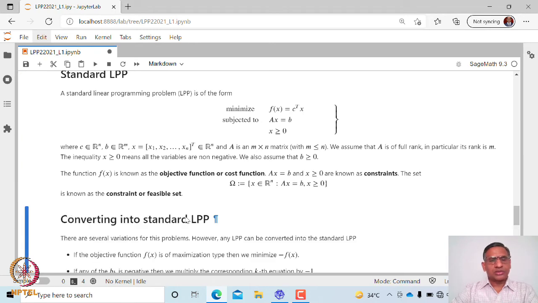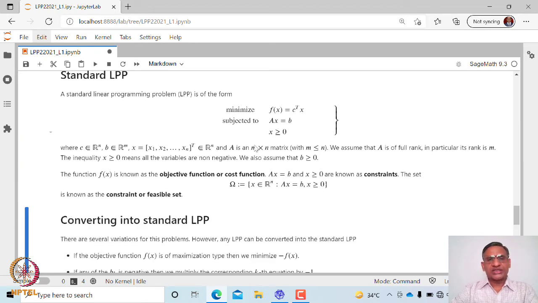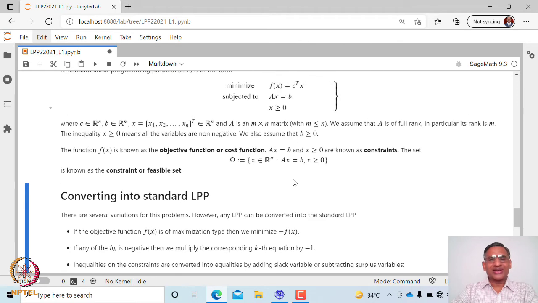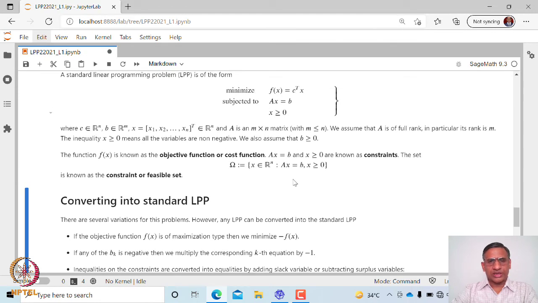Now we have considered this as a standard linear programming problem, but we saw just now that our linear programming problem need not be of this type. If you have any linear programming problem, you can actually convert it into a standard linear programming problem. How do we do that? Let us look at the steps required in order to convert any linear programming problem into standard form.